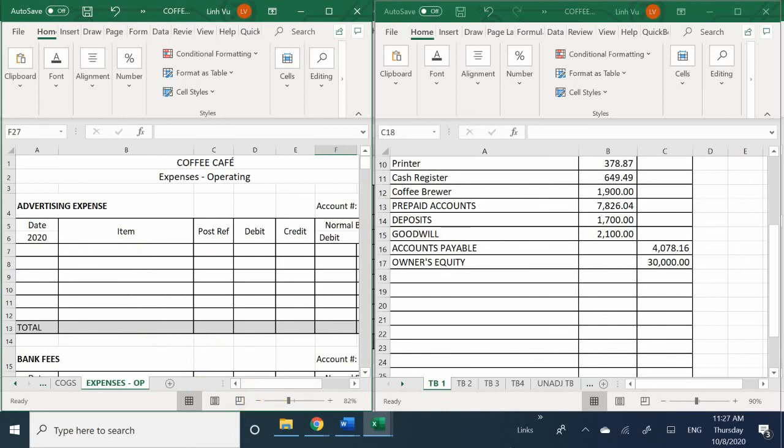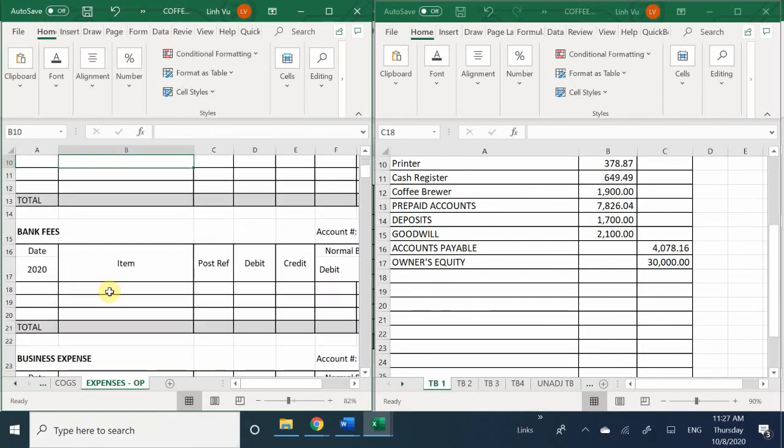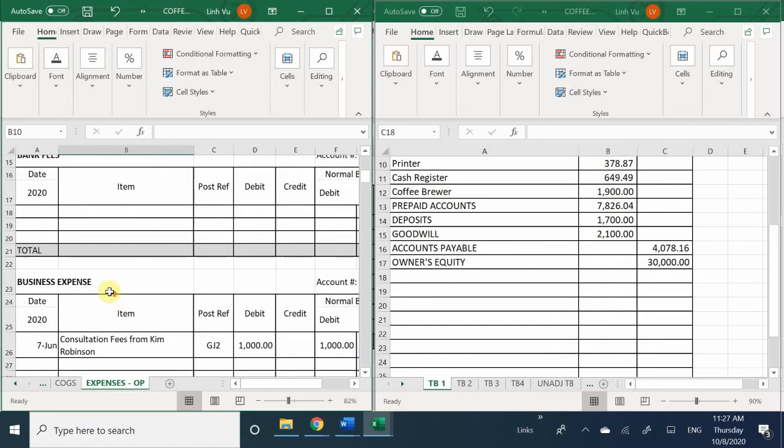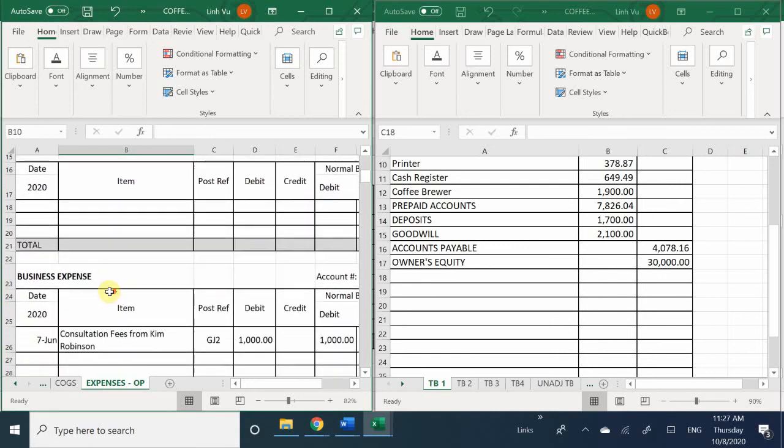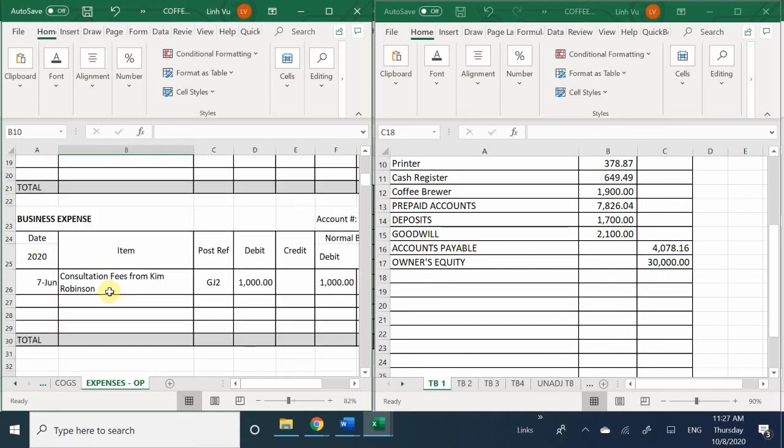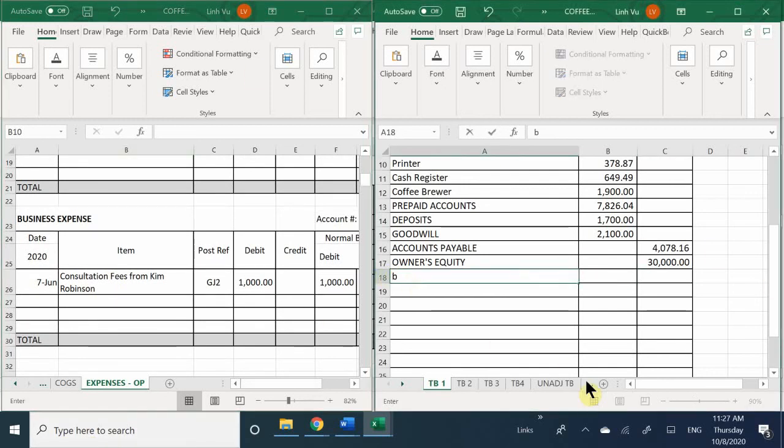Okay, so did I incur any advertising expense? No. What about any bank fees? No. What about business expenses? Yes. Okay, we did incur a business expense. All right, for the grand total of what? 1,000.